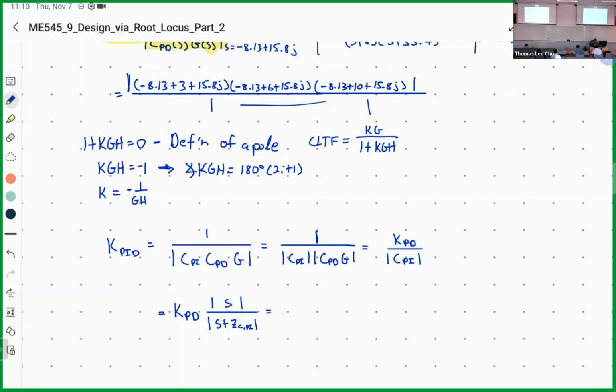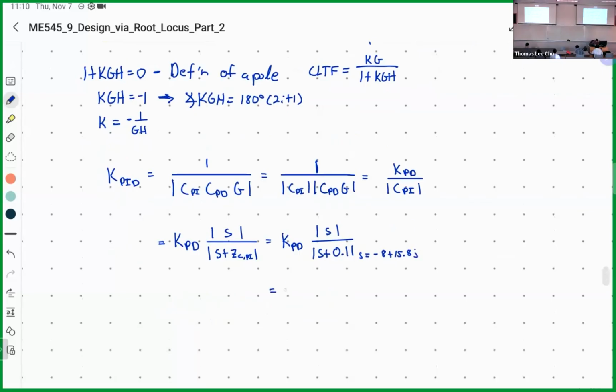And let's say we choose a very small value of s plus, let's say, 0.1. And we evaluate it at, let's do -8 plus 15.8j. Let's do that point.